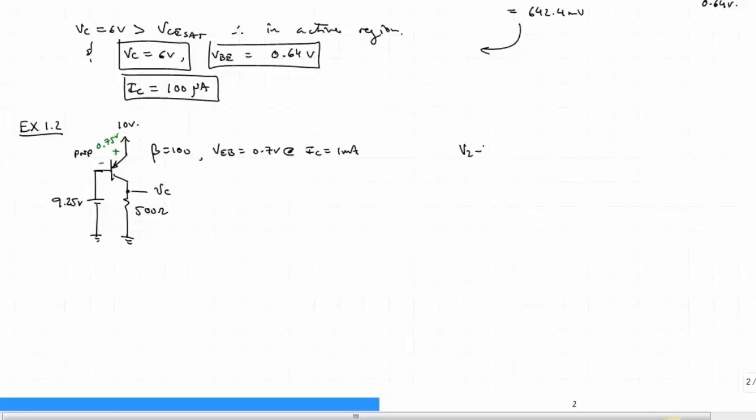Previously we had V2 minus V1 equal to N VT times log of I2 over I1.